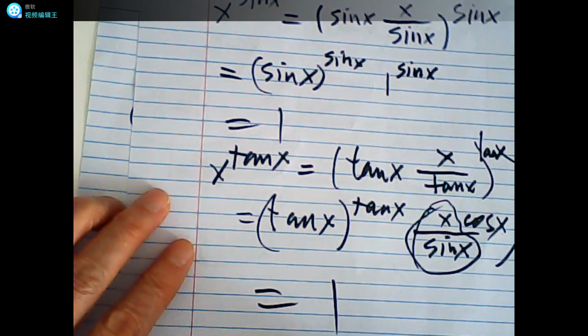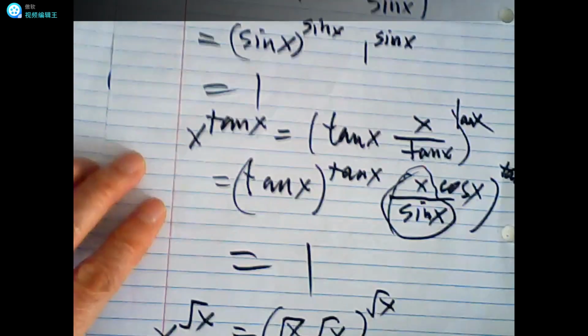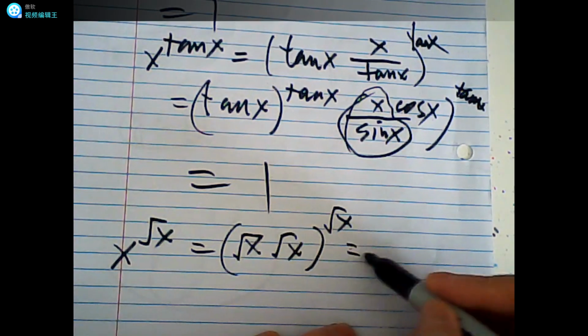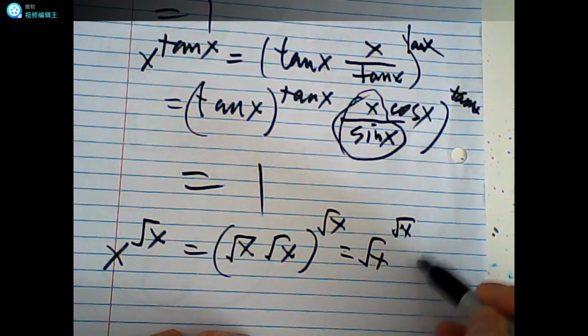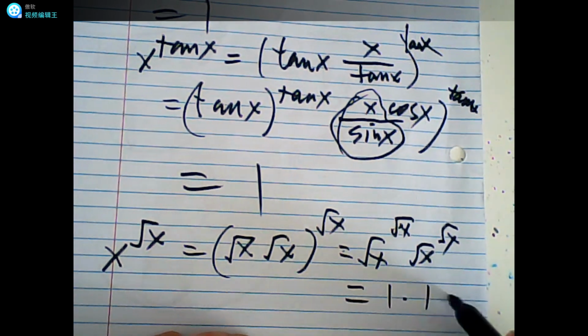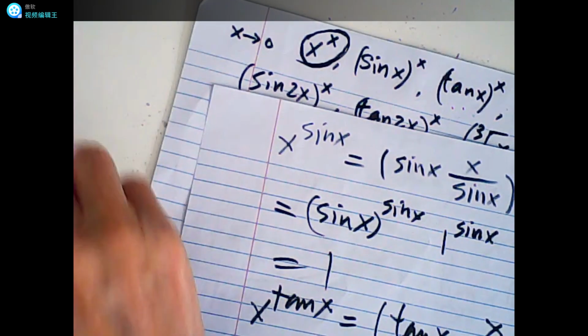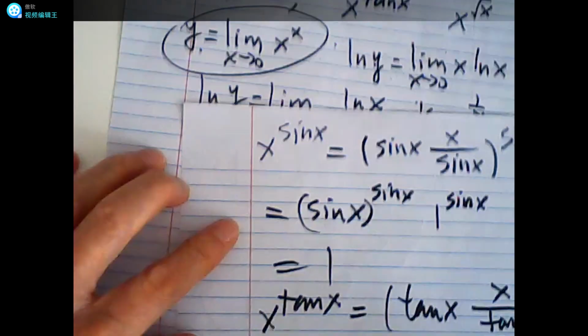And this one equals x square root times x square root squared, right? So this one equals square root times x square root to x square root. So this is 1 times 1 equals 1. See, by doing this basic formula, everything can be done easily.